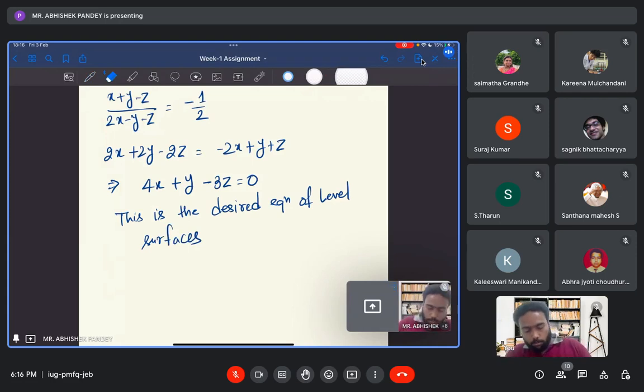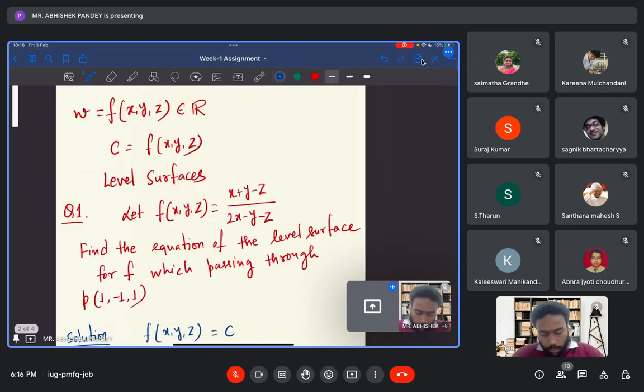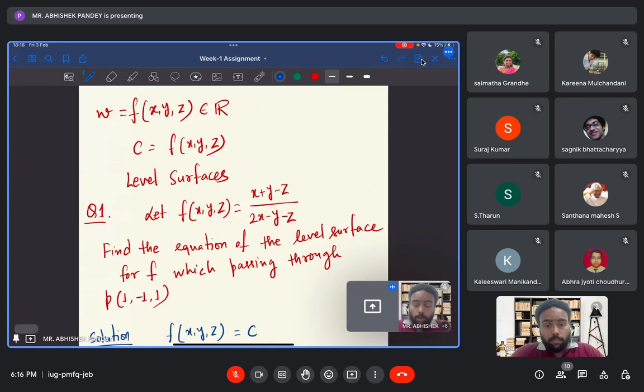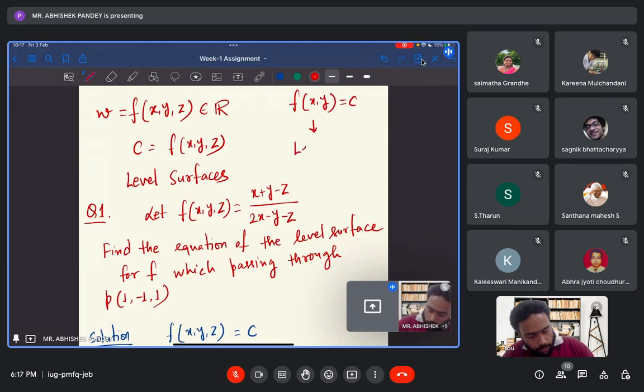So you have three variables. Once you have two variables and you fix a constant, if you have f of x comma y equals c, then such a thing is known as a level curve.